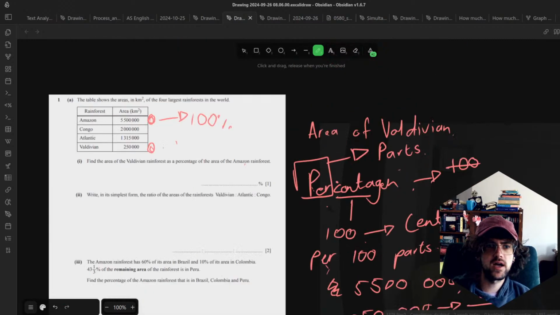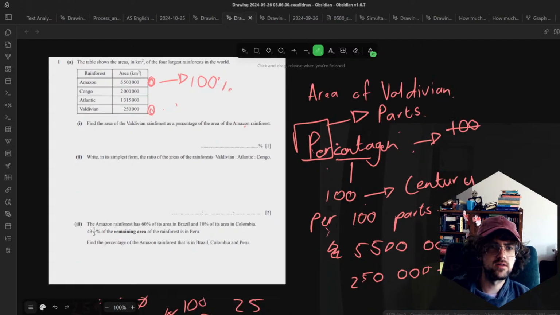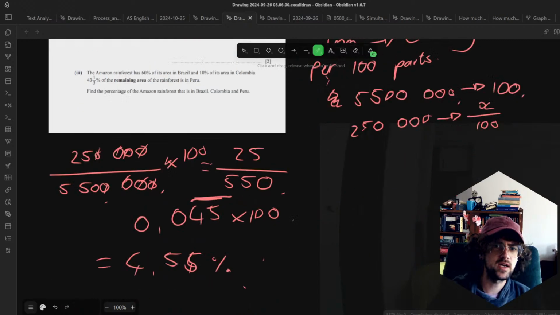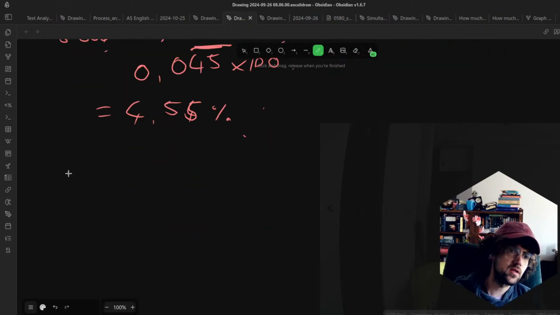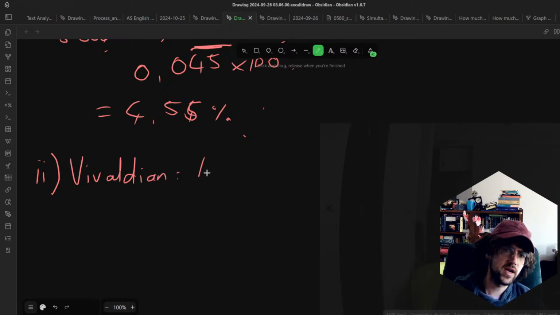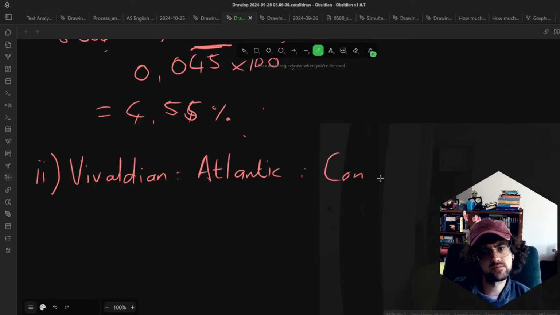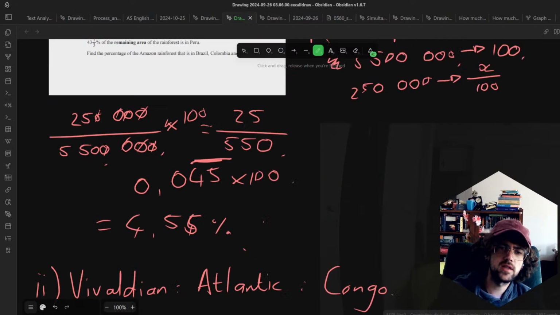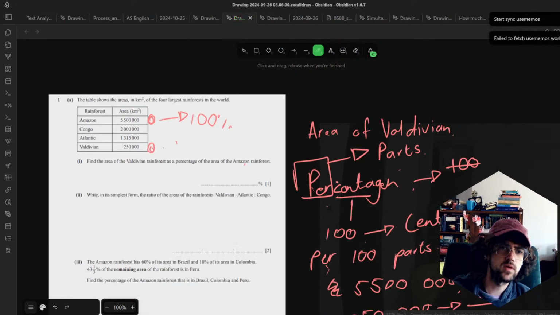Okay, let's look at part II. Write, in simplest form, the ratio of the areas of the rainforests. We want Valdivian, Atlantic, Congo. So we want Valdivian to Atlantic to Congo. And I think they said simplest form. Simplest form, yes.